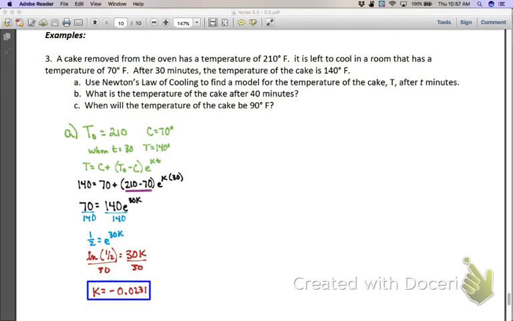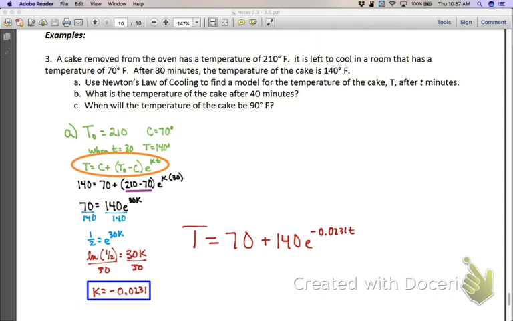Now, I'll plug that back into my original equation: T equals my constant 70 plus 210 minus 70, which is 140, times e to the negative 0.0231 t.